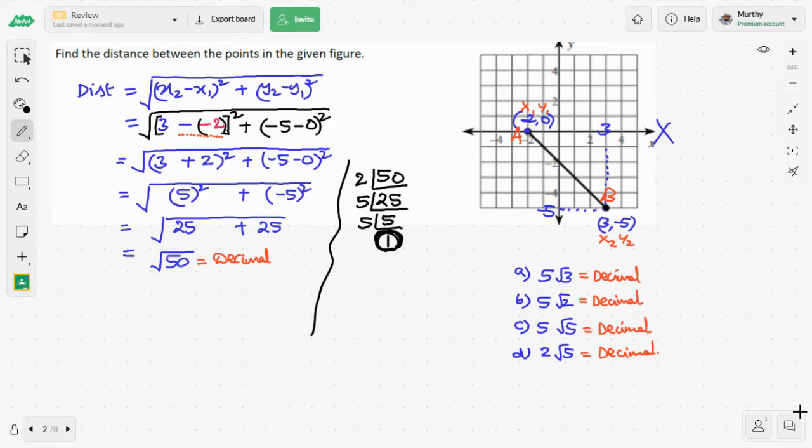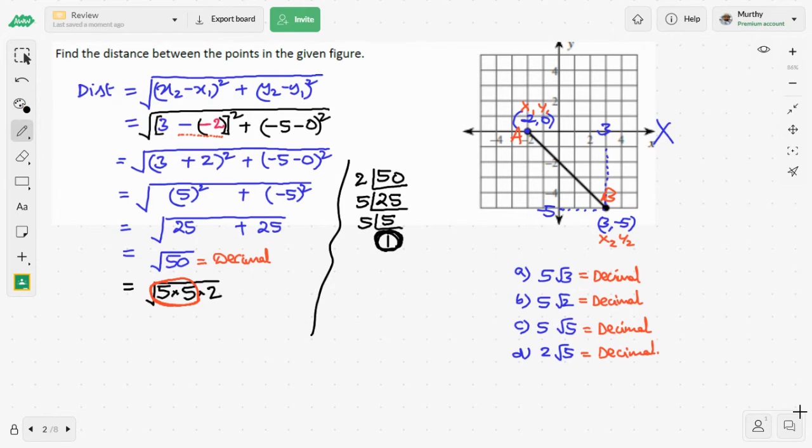Okay. Now the value of 50 equals 2 times 5 times 5, or you can write in any order, so 5 times 5 times 2, it's one and the same. And I hope you remember, while computing the square root we look for a pair, and here I have a pair.